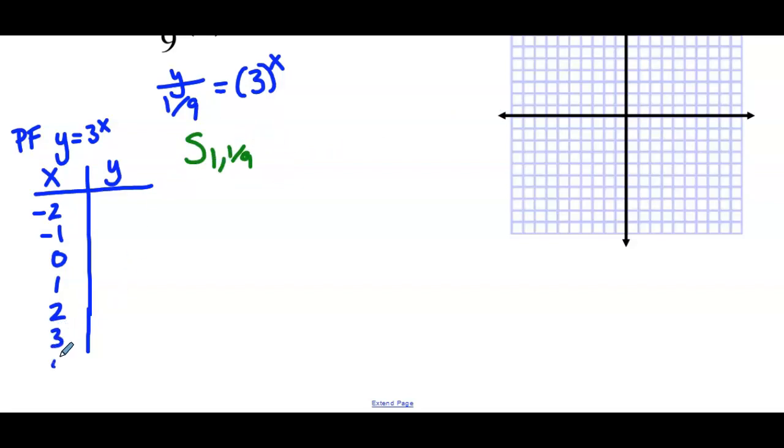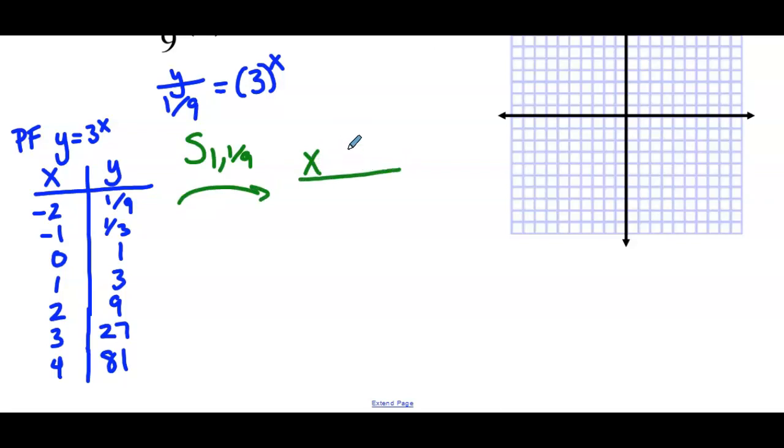So 3, 4, that should be good. Okay, so 3 to the 0 is 1, 3 to the first is 3, 3 squared is 9, 3 cubed is 27, 3 to the fourth is 81, 3 to the negative first is 1/3, 3 to the negative second is 1/9.